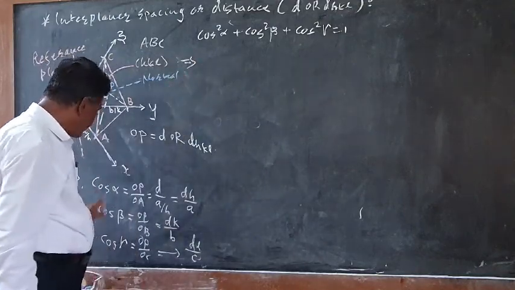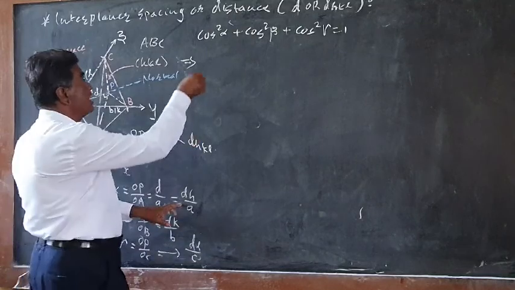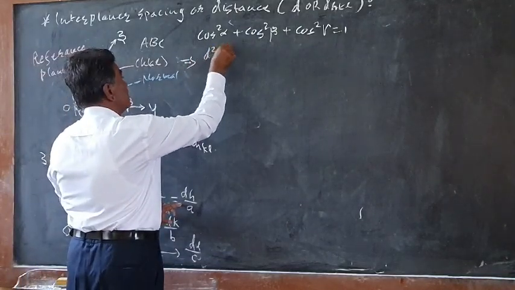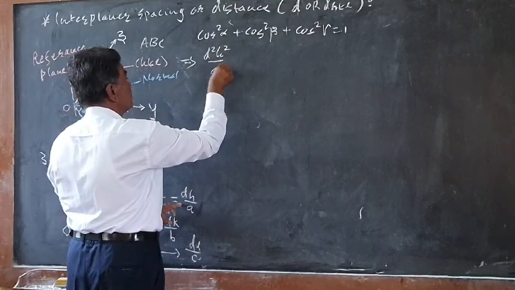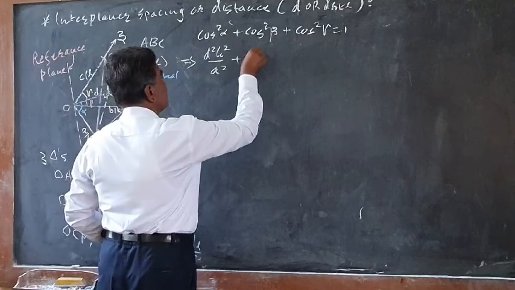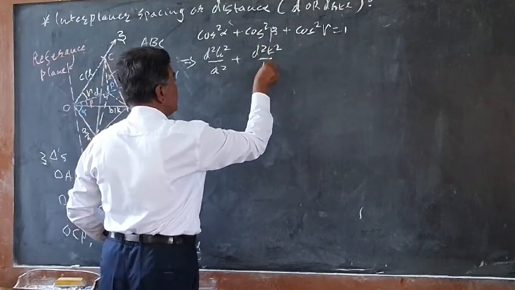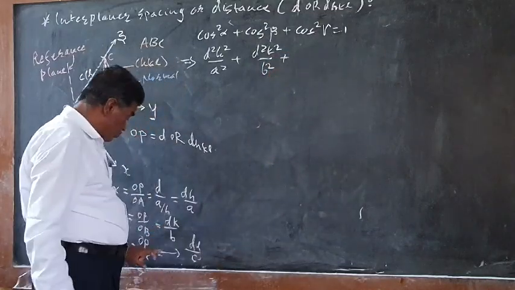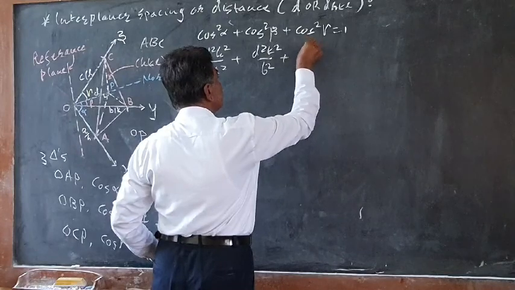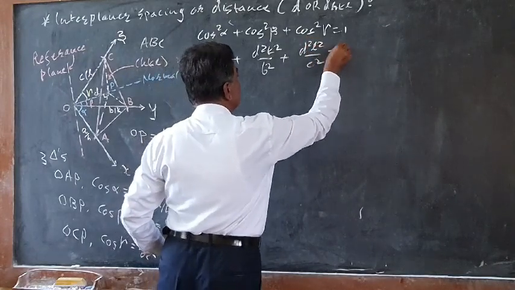Putting these values here, we are getting d square h square divided by a square, plus d square k square divided by b square, plus d square l square divided by c square, and this will be equal to 1.